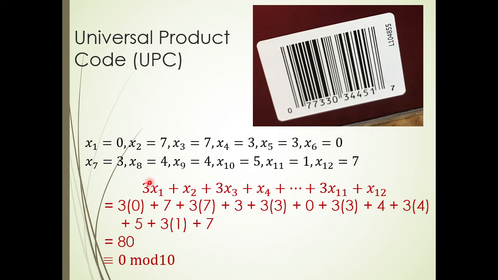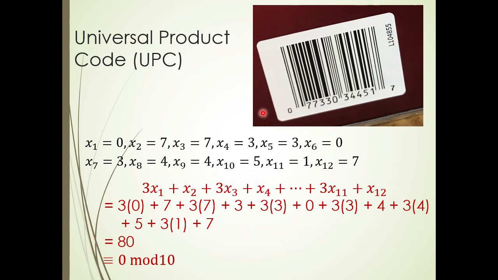So 3 times x1 plus x2 plus 3 times x3 plus x4 plus 3 times x5 and so on and so forth. If you verify the check digit condition, you will get 80, which is divisible by 10. So how does this check digit condition help in transmission of product tags?